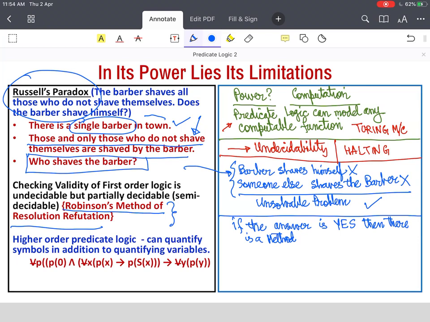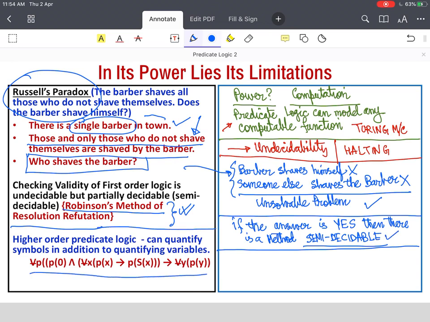That is a very unique and interesting method which does not need to traverse through all the infinite interpretations, but will work through a very interesting algorithm for which Robinson's work received the Turing Award. So that is why it is called semi-decidable. In general first order logic is undecidable, but it is also semi-decidable.